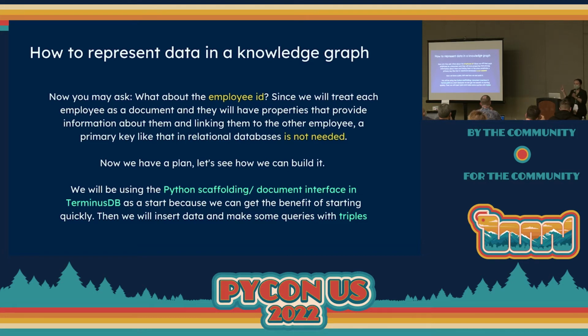Employee ID. Okay, here's the caveat. I think I've changed my mind a little bit here since I designed the exercise. It's not necessary to give them an ID like 001, 002, all those things, because if you put a document into TerminusDB without an ID, TerminusDB will give one for you.